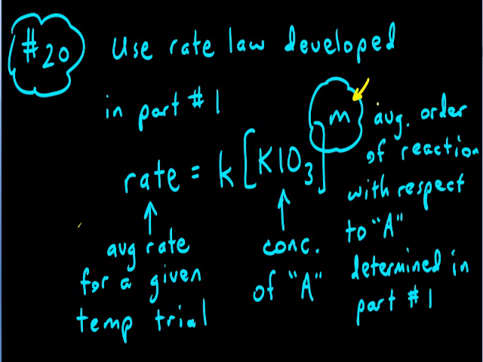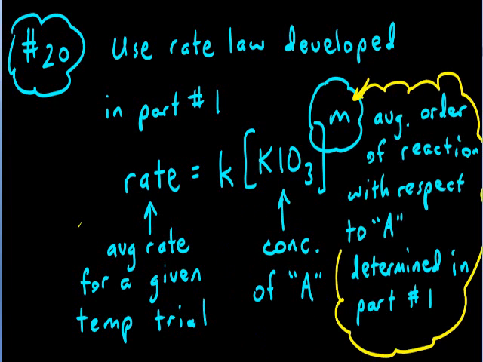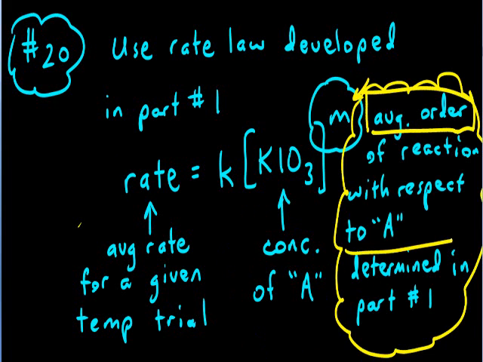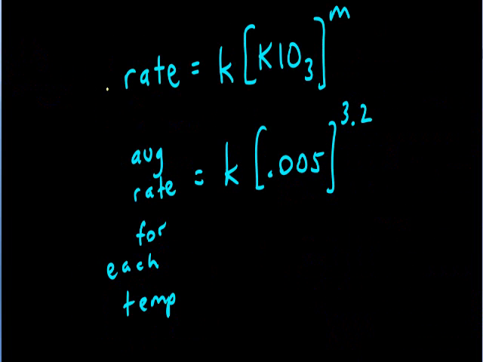The m, or our exponent here, represents the average order of the reaction with respect to chemical A. The average order we determined in part 1 of the lab exercise. So whatever you got with your lab colleague as the average order for a reaction with respect to chemical A, that'll be used for each one of the calculations here in part 2 of the lab exercise.